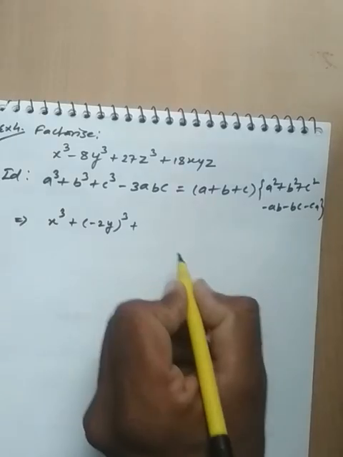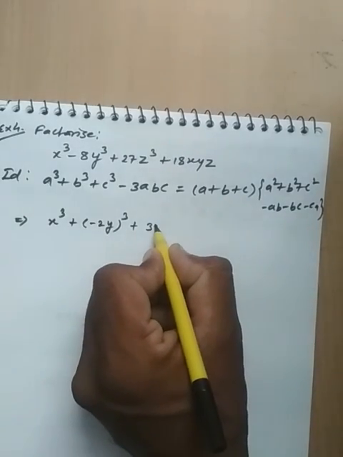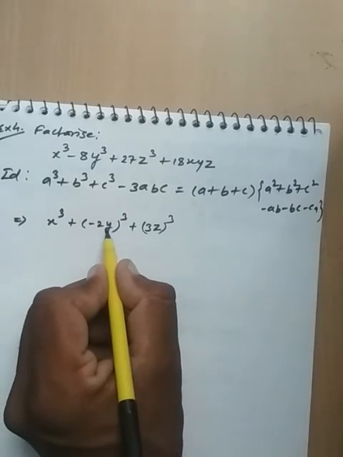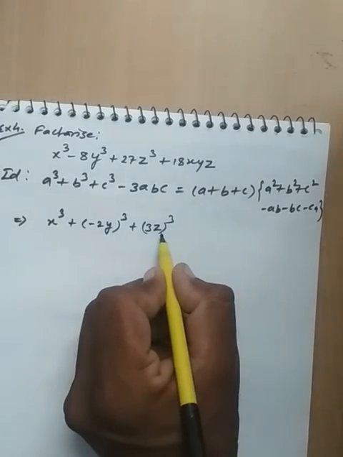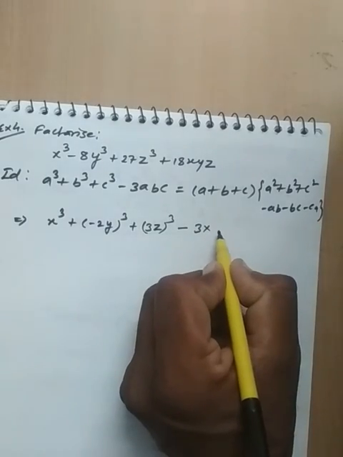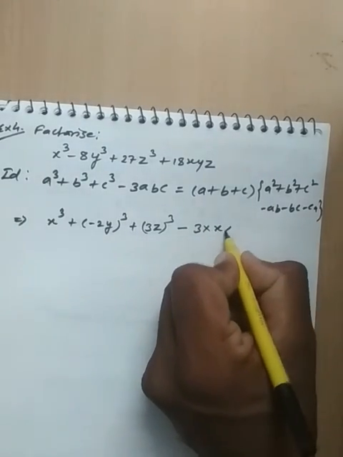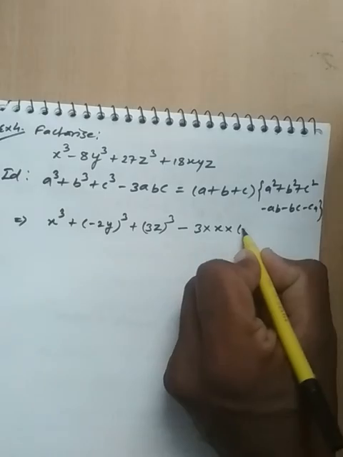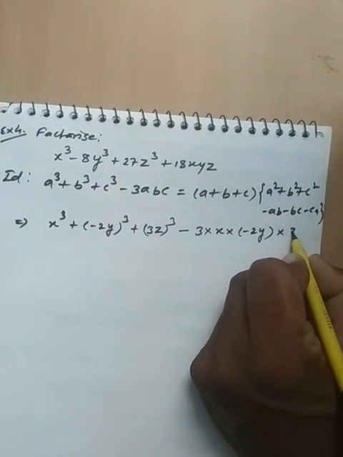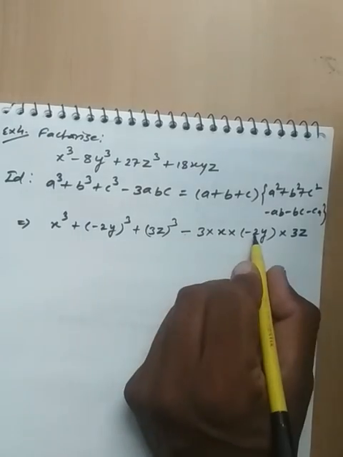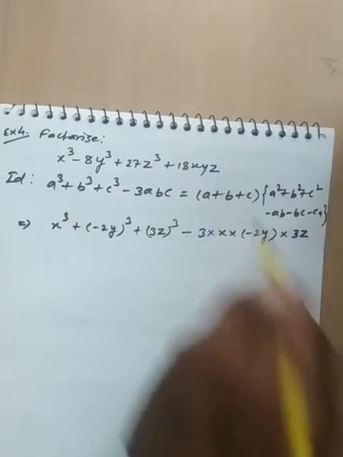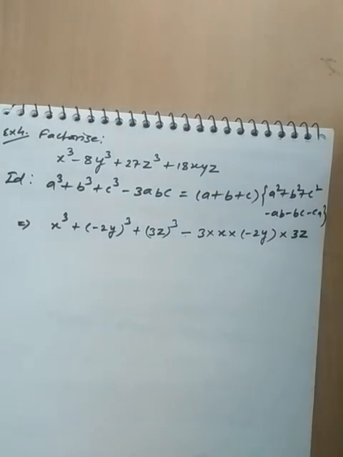Again 27 is 3 cube, so (3z) cube. This is the a cube plus b cube plus c cube, minus 3a, a means x, again b means minus 2y, and here c means 3z. So minus plus, this is plus, 3 6s, 6 3s are 18, and along with xyz.